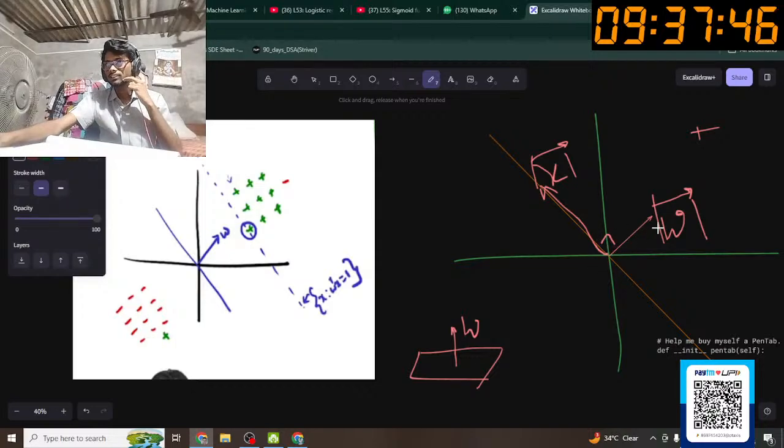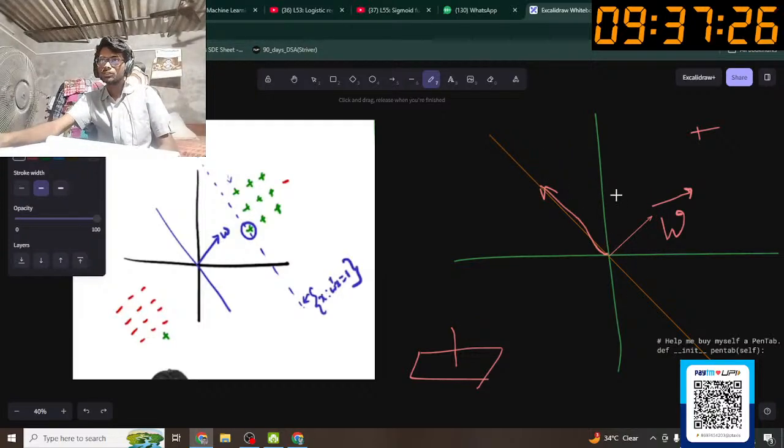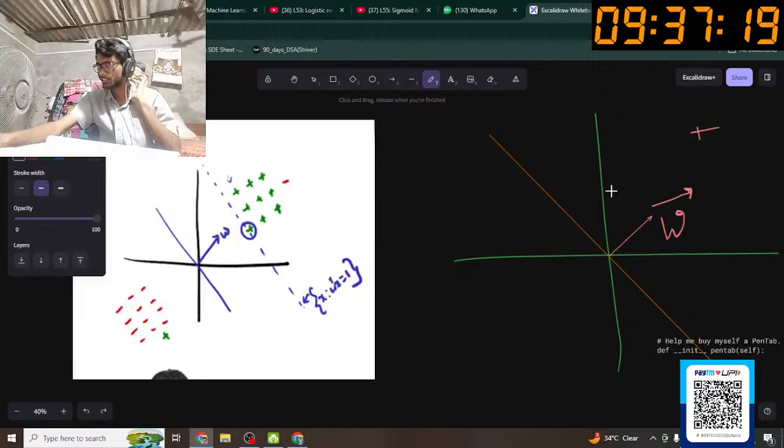As the angle is 90, the dot product will turn out to be 0, because cos 90 is 0, and 0 multiplied by the magnitudes gives a result of 0. So any point which lies on this linear separator will give a dot product of 0, and any point that lies in this region will form an acute angle.